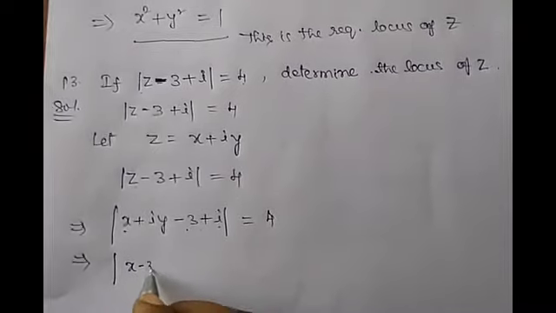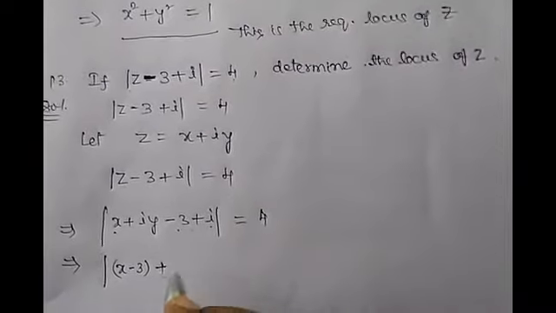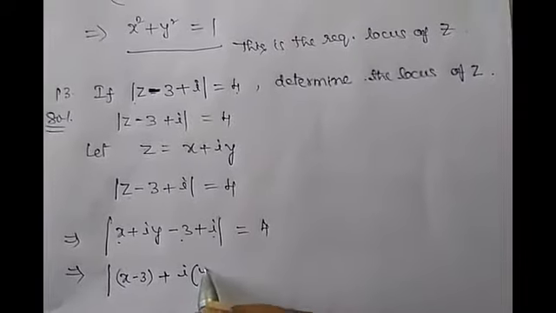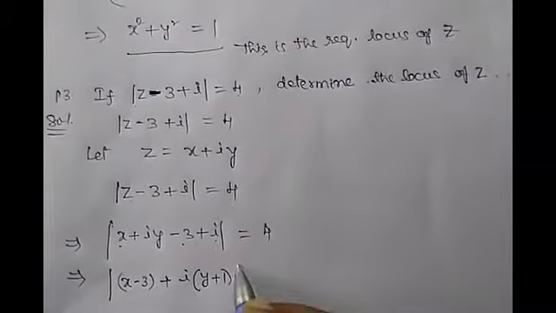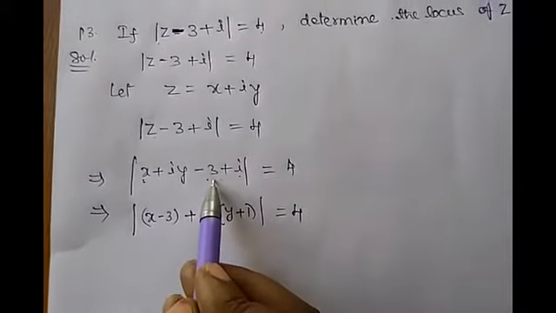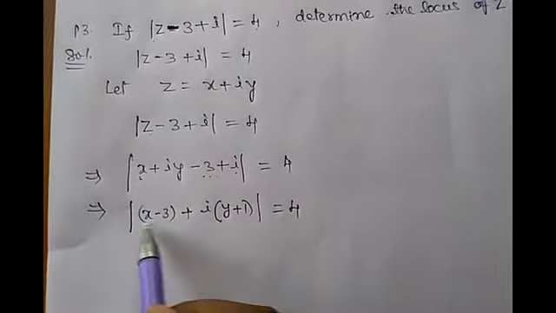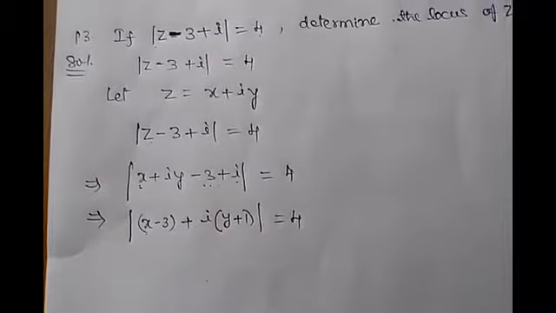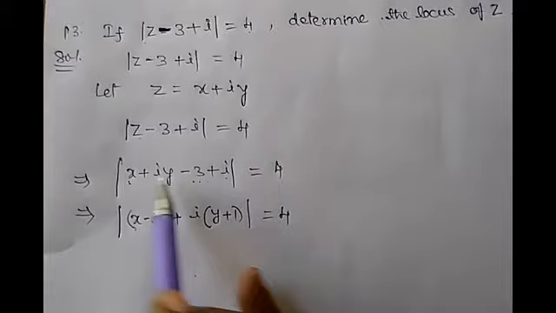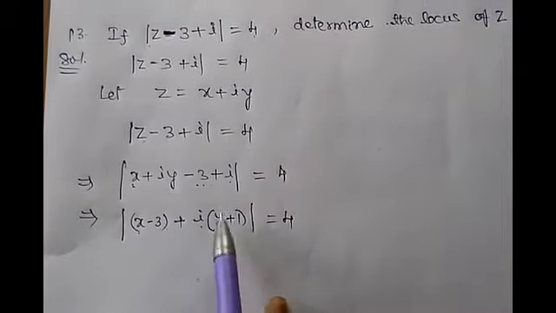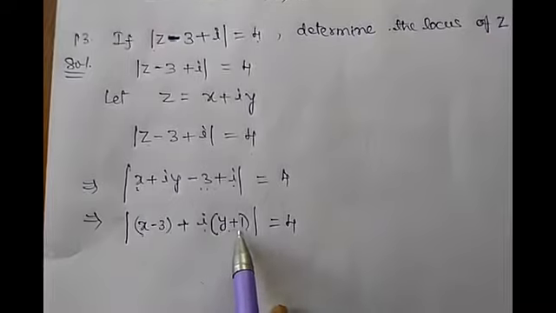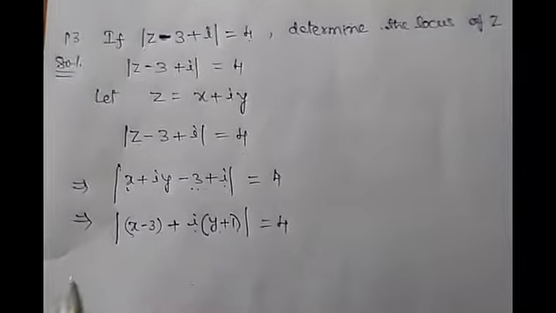So x minus 3 plus iy plus i, take i as common, we get y plus 1 is equal to 4. Here x and minus 3 are the real parts, so write together x minus 3, and iy plus i, i is common in both the terms, so take i as common, remaining is y plus 1, that is equal to 4.